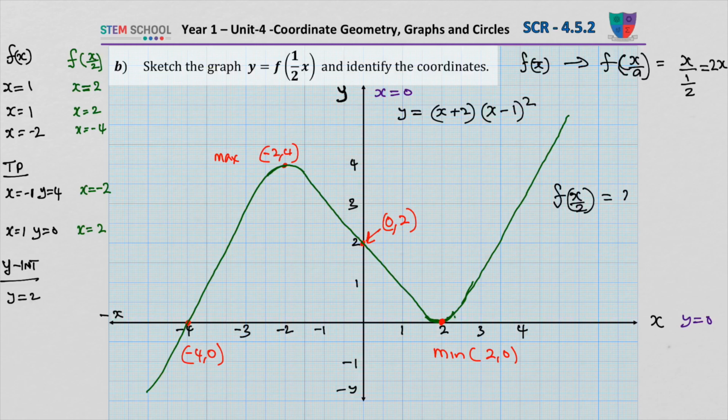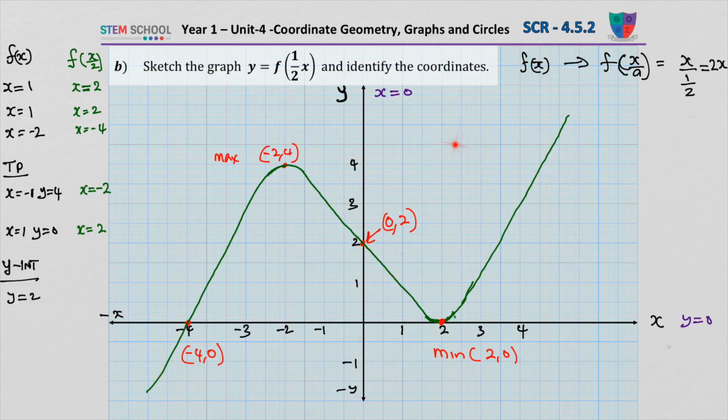So that would be (x/2 + 2)(x/2 - 1) squared. So that's what you do, and then you multiply those factors out.